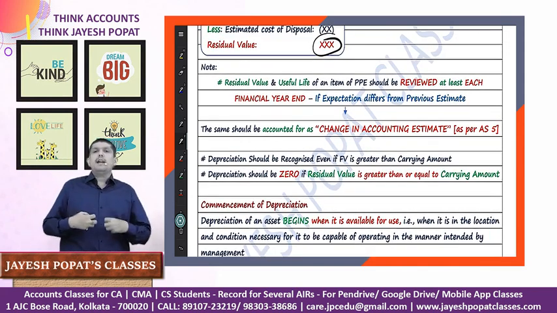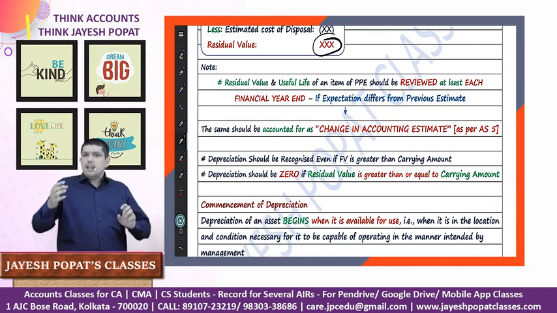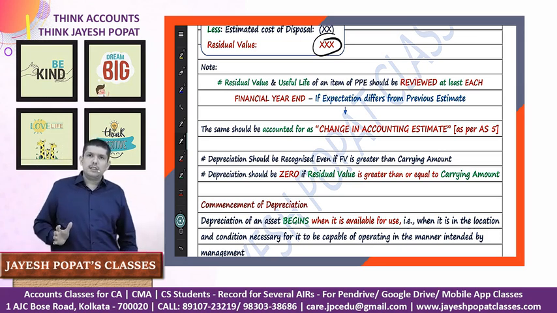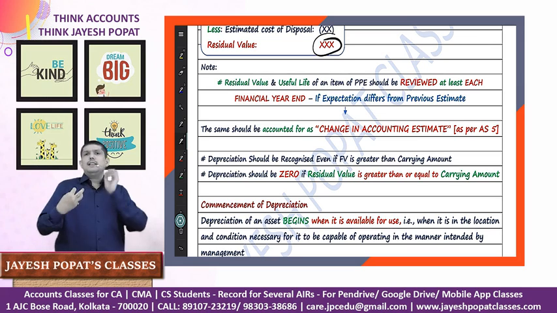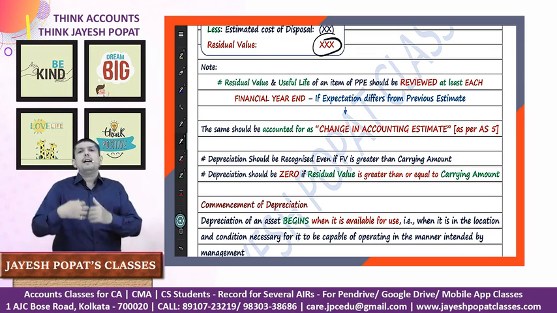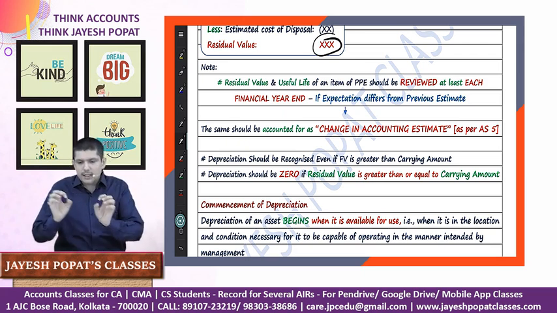I might buy a phone and say I will use it for 5 years. If that phone performs well, I may use it for 7 years. If it does not work well, I may sell that phone off after 2 years as well. Again, the residual value: I say that after 5 years I will realize 10,000 rupees. Maybe I will realize 12,000 rupees. Maybe I realize 5,000 rupees. So both these items are an estimate.